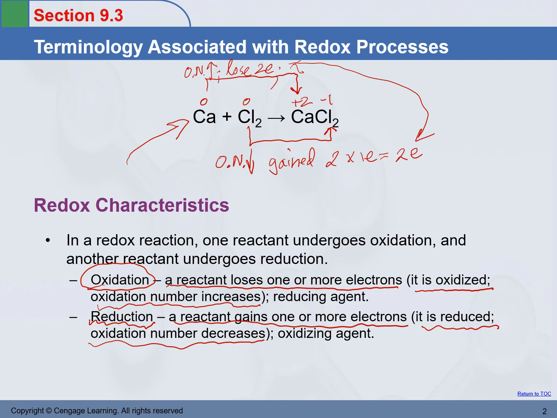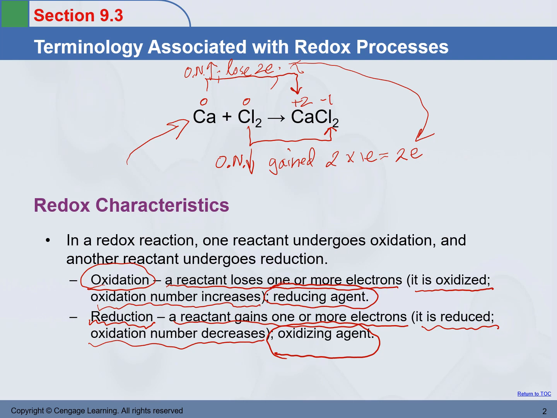So if we say calcium is oxidized, who is oxidizing it? If calcium is losing electrons, who is taking electrons away from calcium? Chlorine, of course. So the one that is reduced, chlorine, is called the oxidizing agent. The one that is oxidized, for the same reason, is called a reducing agent.